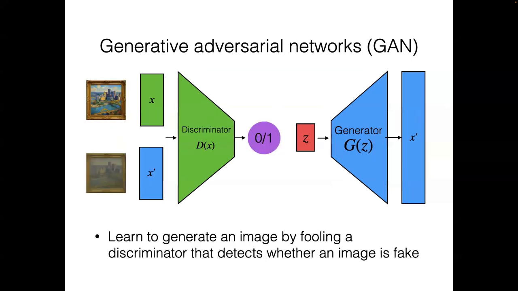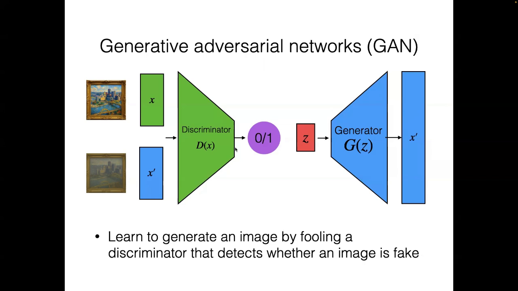Then there's another approach that was popular, especially from around 2016 to 2020, called generative adversarial networks. Here it's a bit different. Again on the right, you have something that looks like the decoder. You start with some latent vector and try to produce an image.